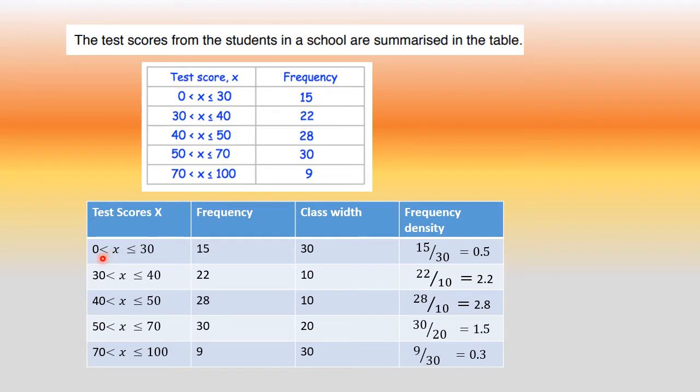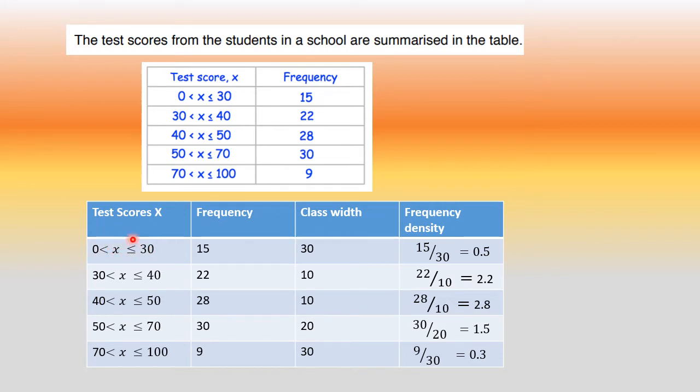You can see in between each of these class intervals there are no gaps. The first class interval ends with 30 and the second begins with 30. The frequencies are 15, 22, 28, 30, and 9, and the class width is the difference between the class interval.